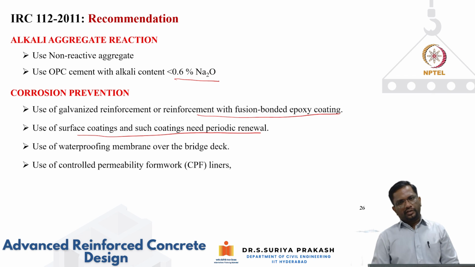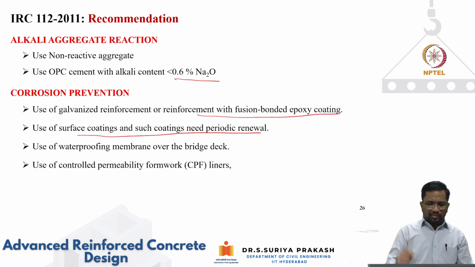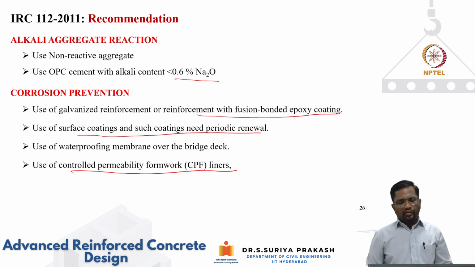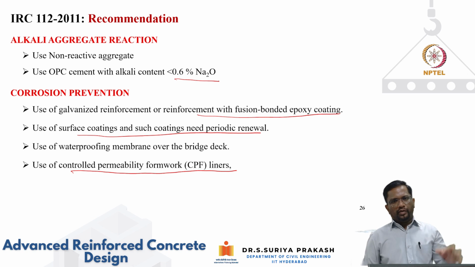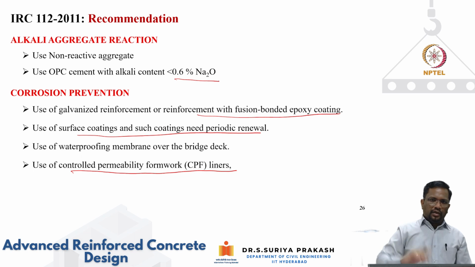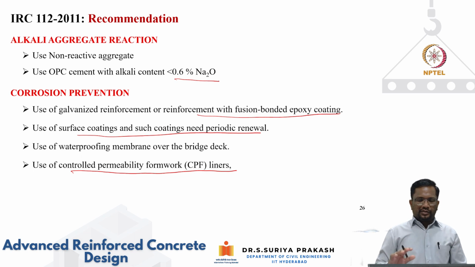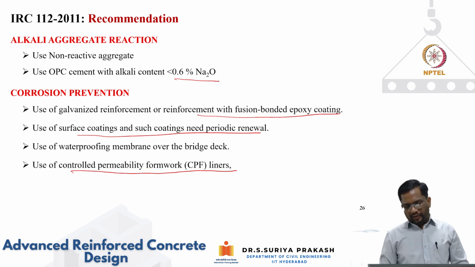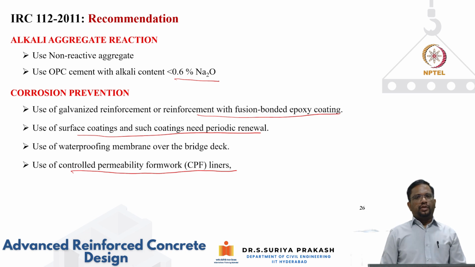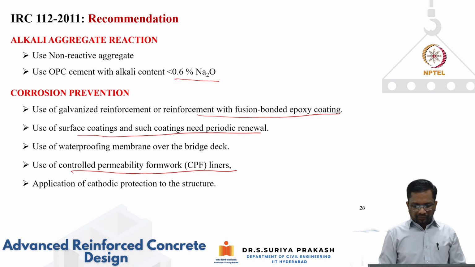Or during construction itself, as we talked about in the previous parts of the video, use controlled permeability formwork liners. When these formwork liners are installed, they allow the vapor to escape and water to go out. So at the finished surface, you will get a very dense concrete. However, the problem is that these formworks are very costly.